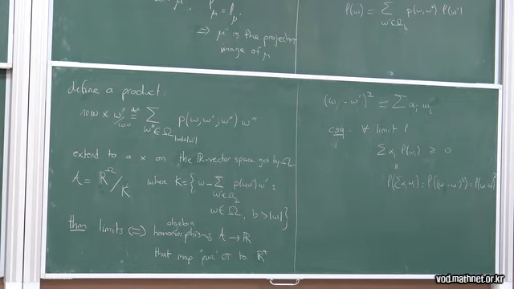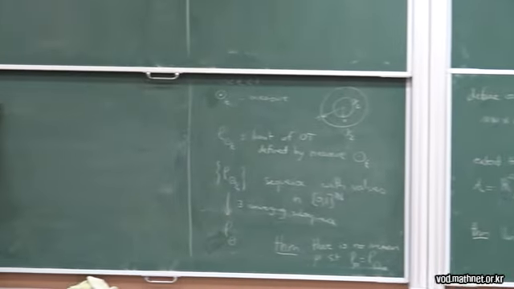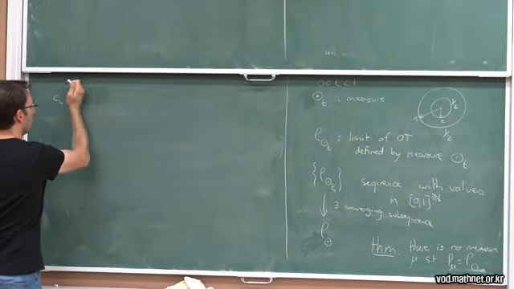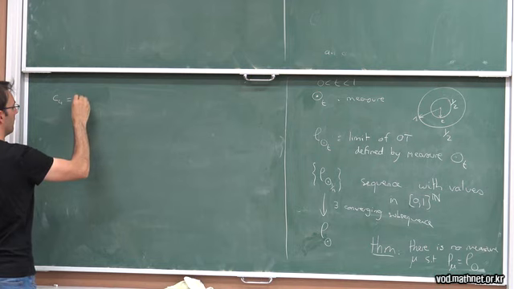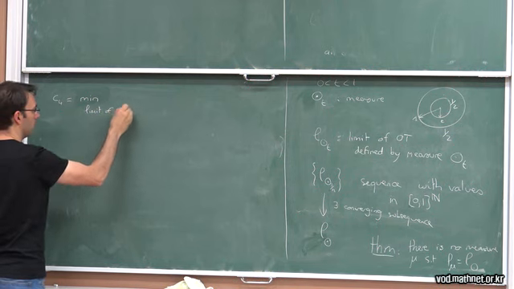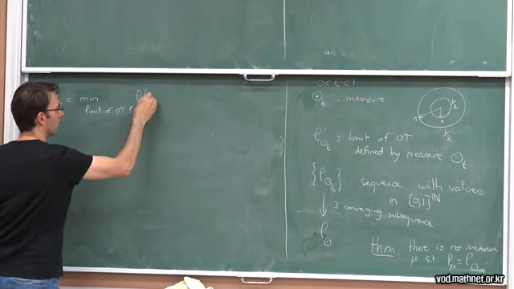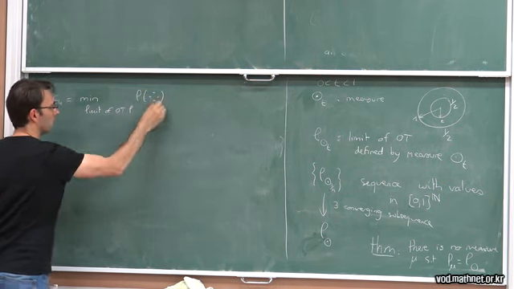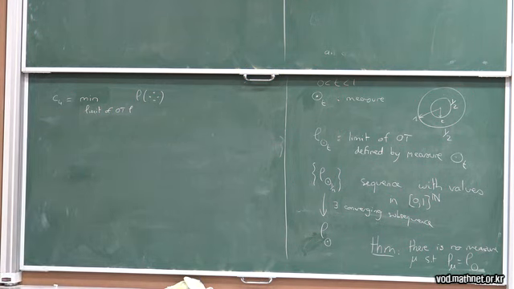Let me call this C4. So C4 is a minimum over all limits of OTL of L of this.